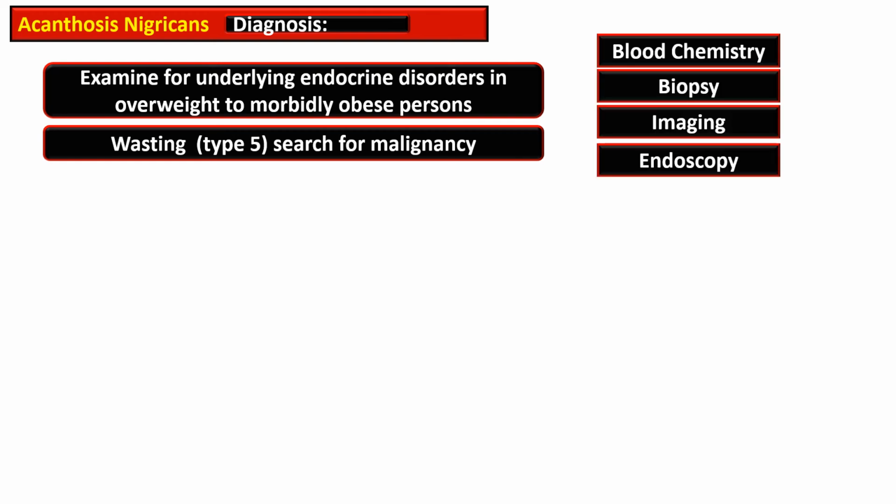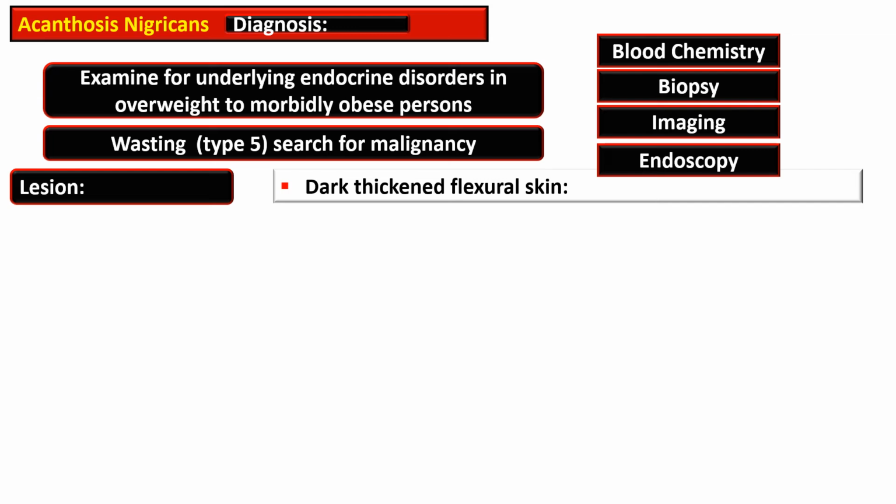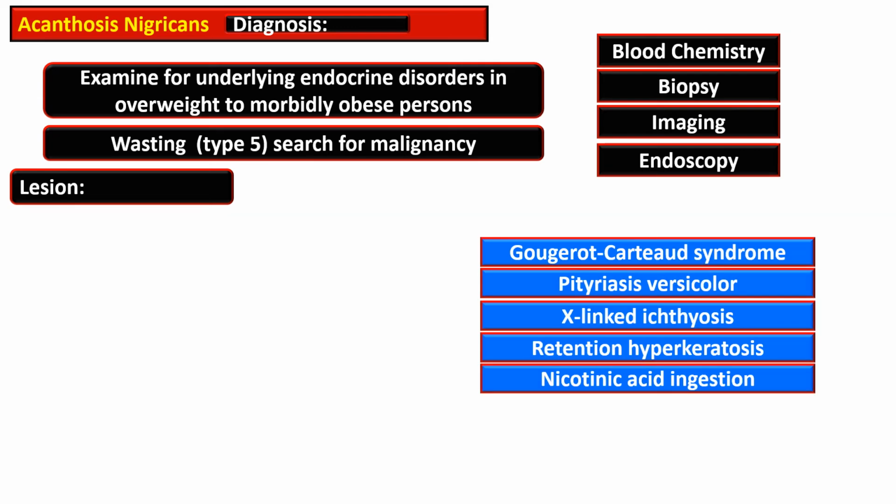To find out the background cause of this disease, blood chemistry, biopsy, imaging, and endoscopy are helpful. The lesion is dark, thickened flexural skin and should be differentiated from other similar lesions such as Gougerot-Carteaud syndrome, pityriasis versicolor, X-linked ichthyosis, retention hyperkeratosis, and nicotinic acid ingestion.